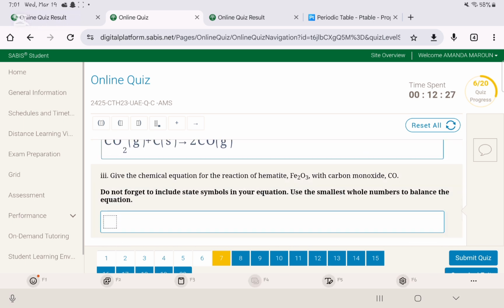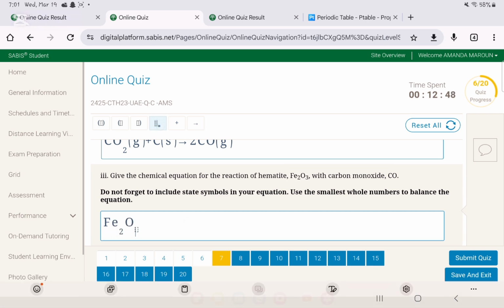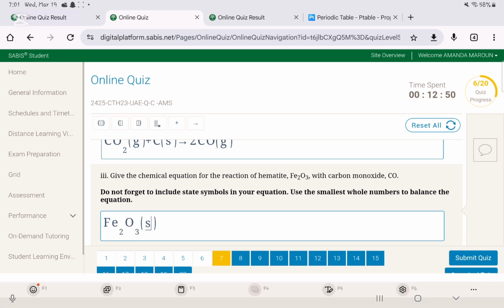Now here, we are dealing with the reduction of the ores. Give the chemical equation for the reaction of hematite with carbon monoxide. The first thing you should know is that you will always put the iron ore. So the iron ore, it is Fe2O3, and usually the iron ores, they are a solid.